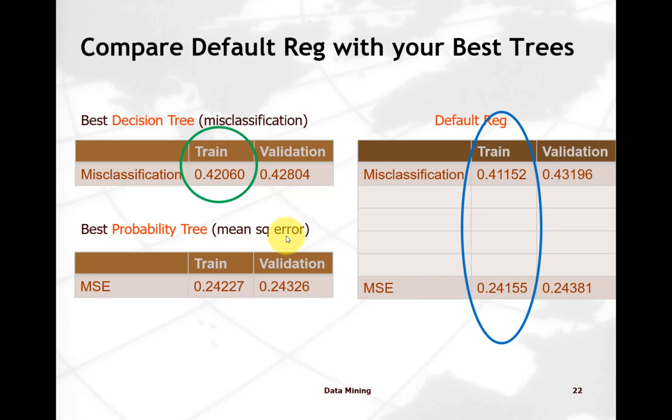It depends on how you train the regression. This regression is overfitting. If you have a best decision tree and then an overfitted regression, then that should be expected. The training performance is typically better in the overfitted regression, but the out-of-sample performance is worse because it's overfit, right?